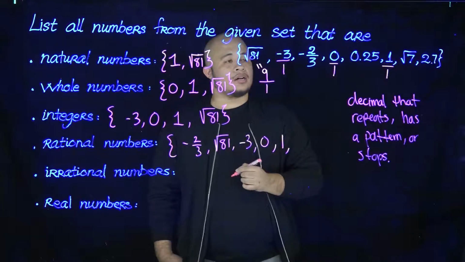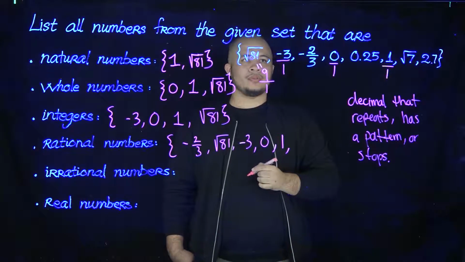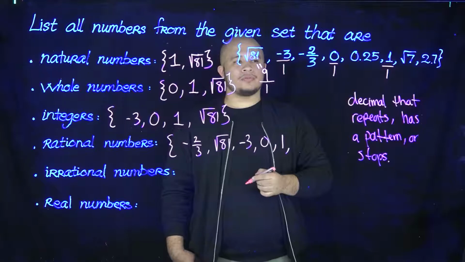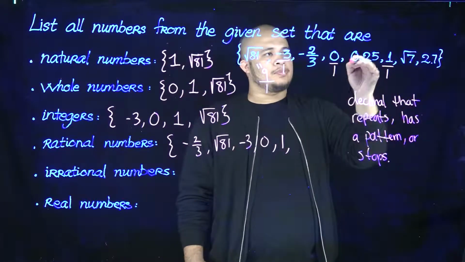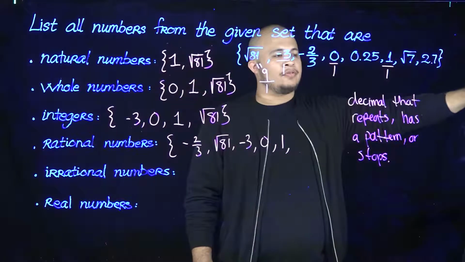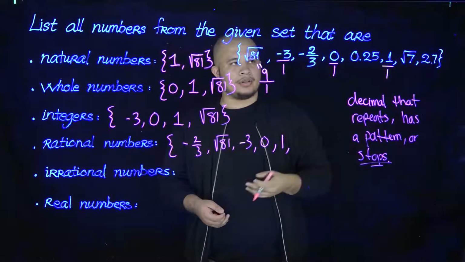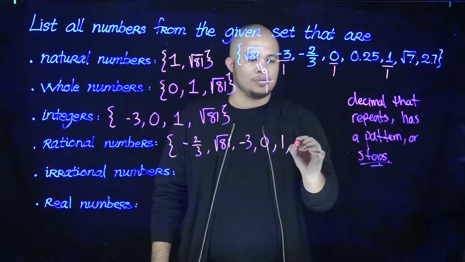Okay? This is also known as a rational number. So if I go to 0.25, what I want you to notice about 0.25, it's 0.25 and it doesn't go any further. It stops. So if a decimal has this behavior, it's considered rational.